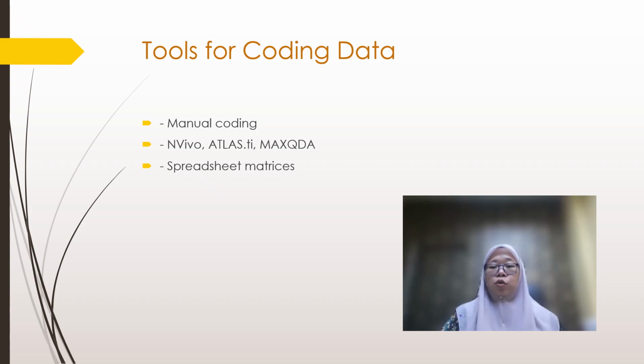Some researchers also use spreadsheets like Excel or Google Sheets to create simple coding matrices. So the choice depends on the size of your project, your familiarity with the tools, and the level of detail of your analysis that is required for your study.